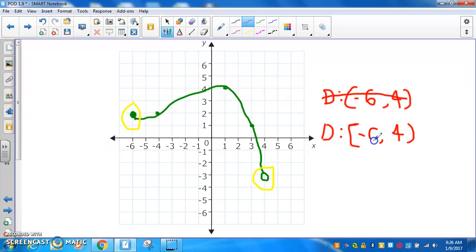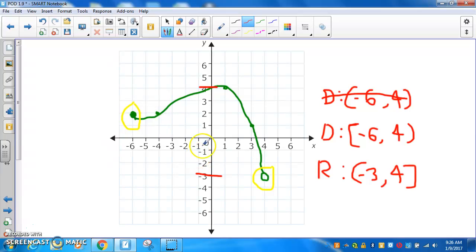And what this bracket says is that, hey, this -6 is actually included, whereas this 4 is not included. Same thing for our range. Our range goes from -3 to 4. But again, the -3 isn't actually included, so I need to use parentheses. But I do want to include the 4 because there's actually a point there filled in, and the way I'll do that is with the bracket.